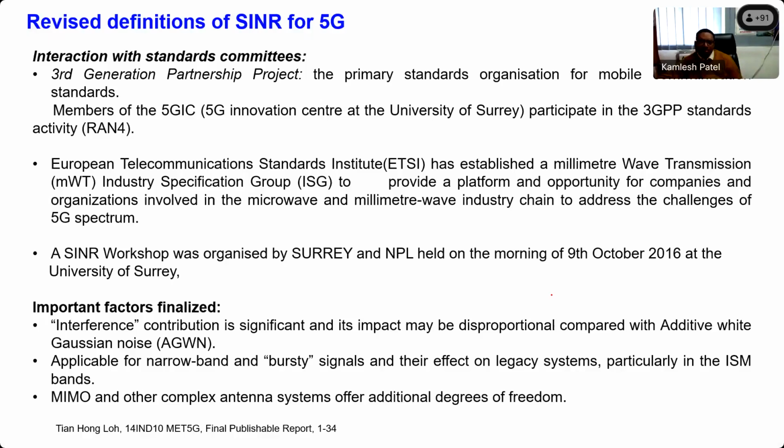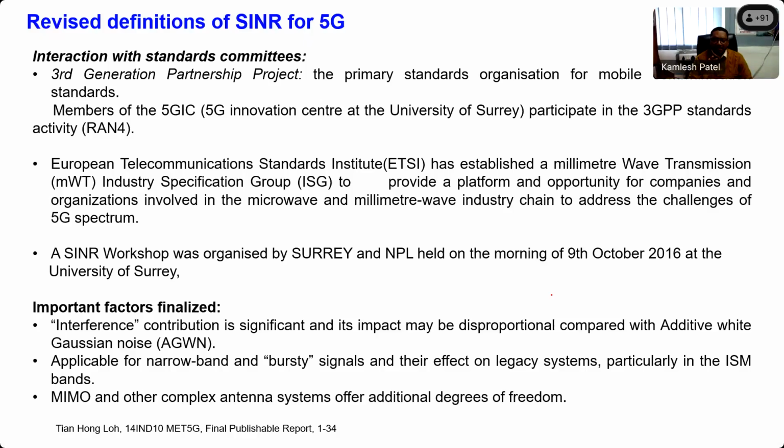While defining the new definition for the SINR parameter, which will be implemented for 5G devices or the network, a few factors are considered. The first is that we must use the term interference in the form of additive white Gaussian noise. The second is that it should be applicable to narrowband as well as bursty signals that can come anytime in the 5G frequency range.